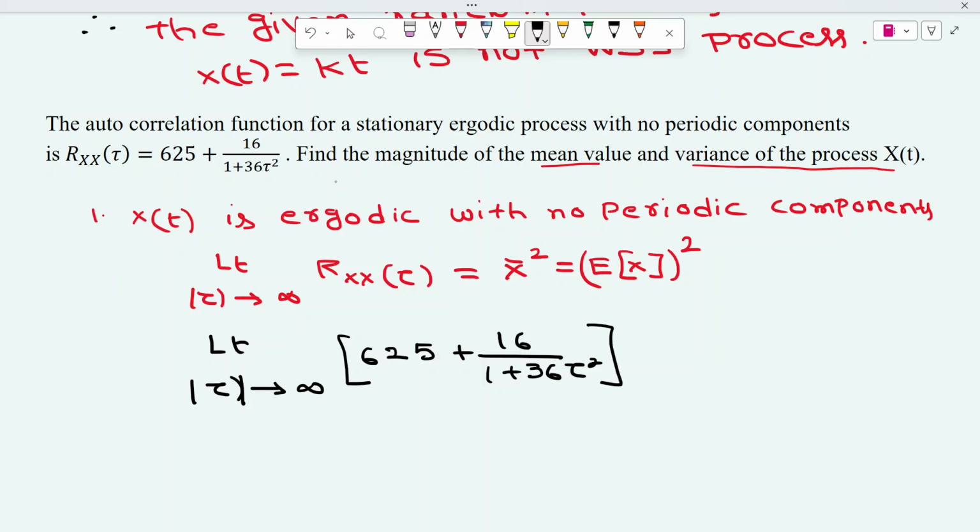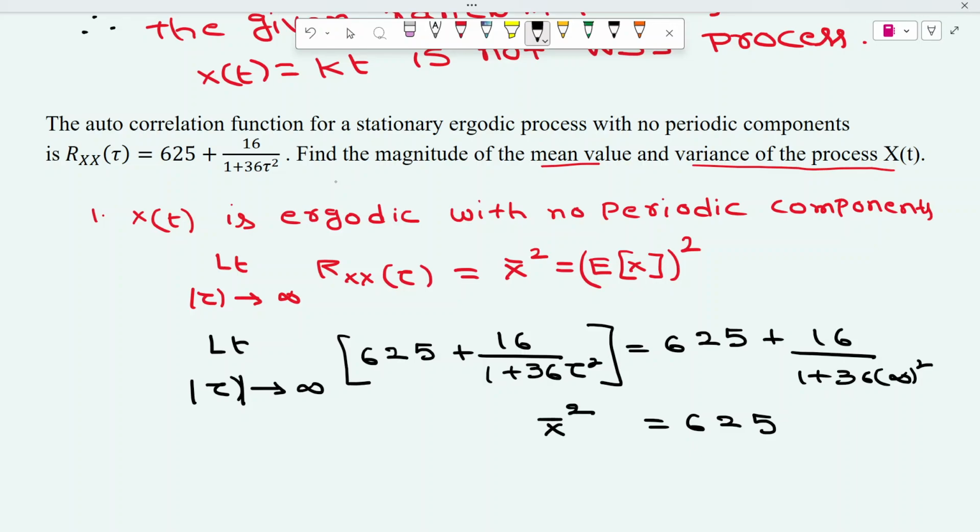Now if we substitute tau value infinity, this will be 625 plus 16 by 1 plus 36 into infinity square. As tau tends to infinity, infinity is in the denominator, so this will be equal to 625. So the limit mod tau tends to infinity of Rxx of tau is 625, which is nothing but the mean square.